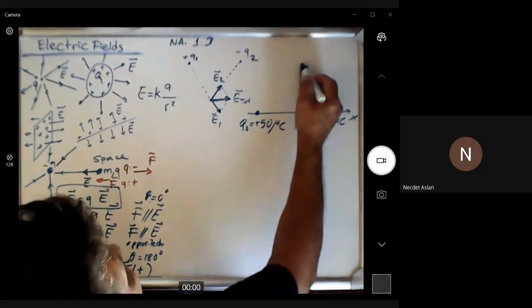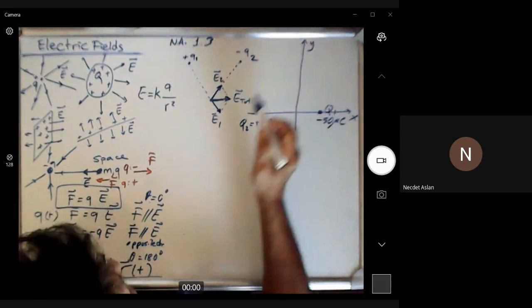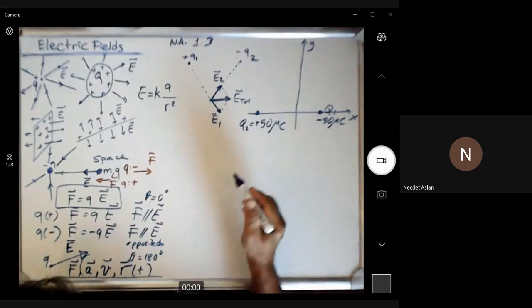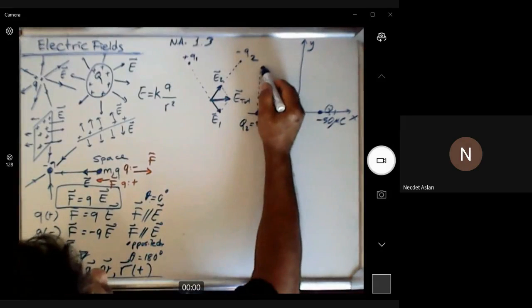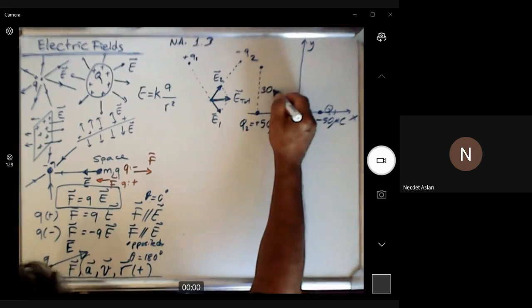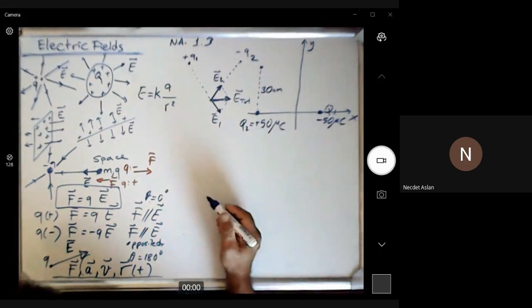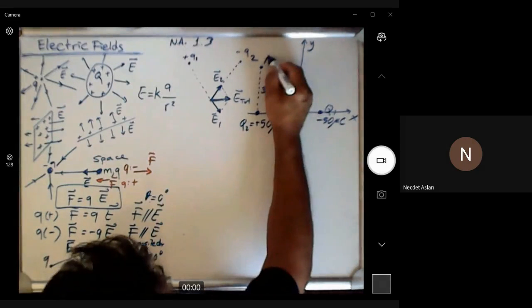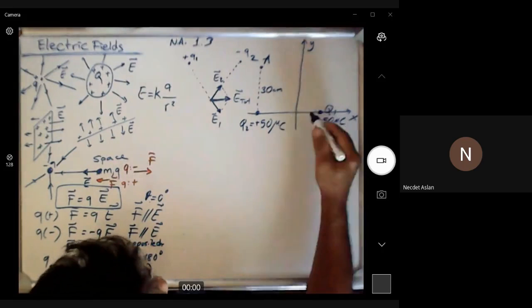Since this is two-dimensional, we put this y-axis, and we would like to find what the electric field is at 30 centimeters straight above this charge. Let's say this is point A.